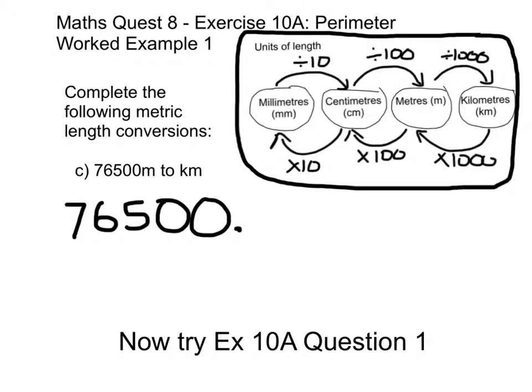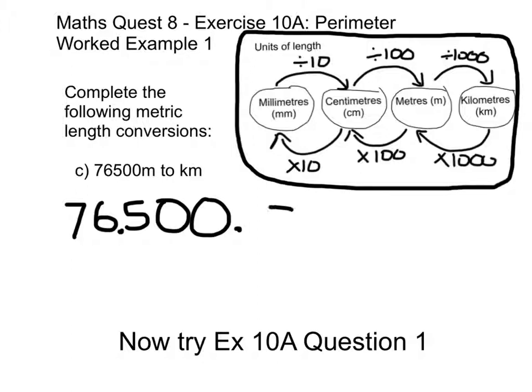So there's still 3 zeros in 1,000, but instead of jumping our decimal place to the right like we did, we're going to jump it the other way, to the left. And because we've got 3 zeros in 1,000, we're going to jump it 3 decimal places to the left. So let's go. Here it is. 1, 2, 3. So our new decimal place after those 3 jumps is now here.